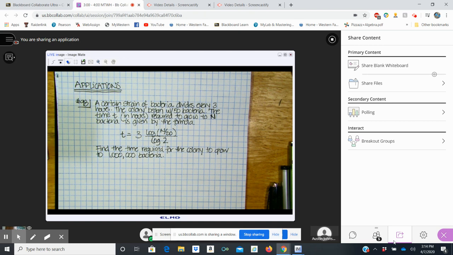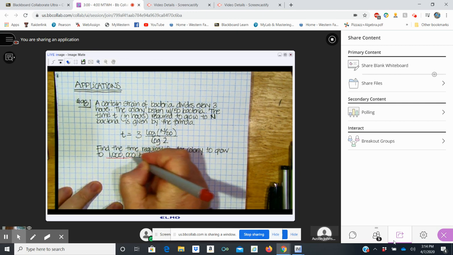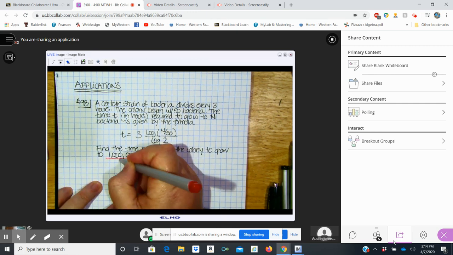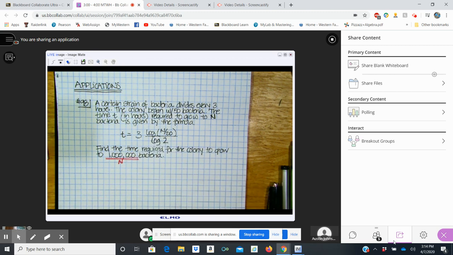So most of what they're going to do in the applications here are give you some sort of long-winded application with a formula, and you just have to figure out where to put the numbers. In this case, they've given us 1 million, and this is going to be our N. They want us to find the value of t.